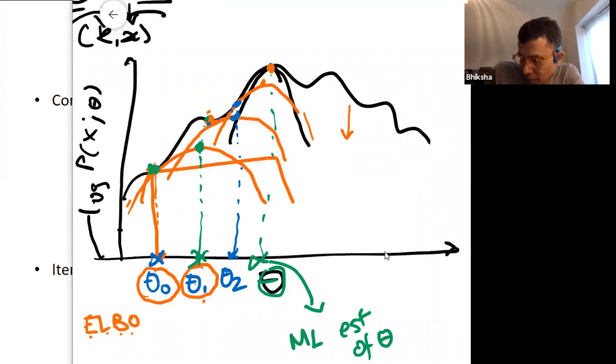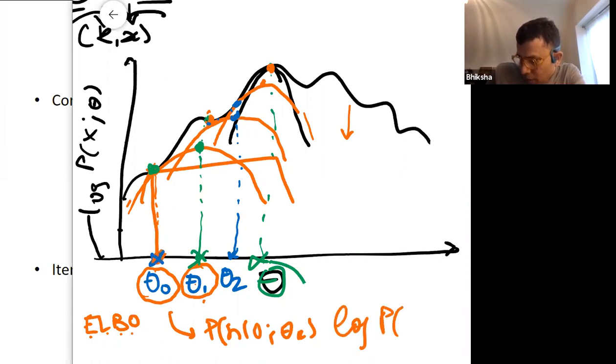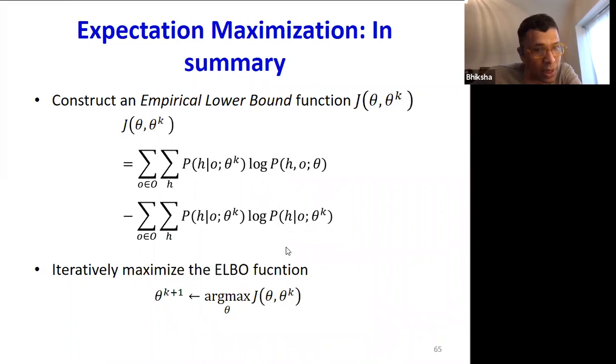You take the P of H given O, theta K, that is taken using the current estimate, and the log of P of O comma H semicolon theta, that is this variable theta that you can maximize to find the next one. So this is guaranteed to be an empirical lower bound.